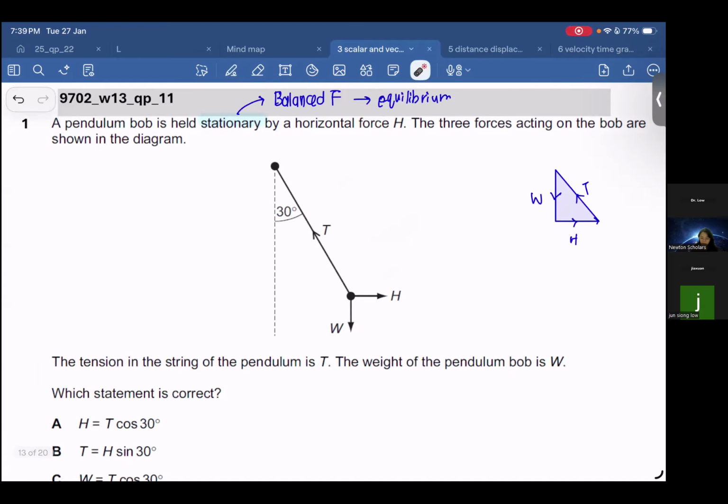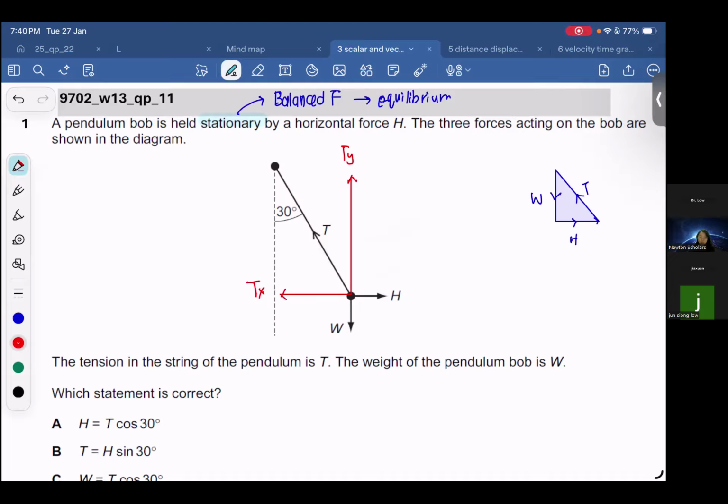Okay, dear, we solve the problem by using the resolution of forces. So this T, we need to resolve it into Y and X components, vertical and horizontal. Using my red color, I will resolve it going up here, and label it TY. Then I will resolve from the T into TX.